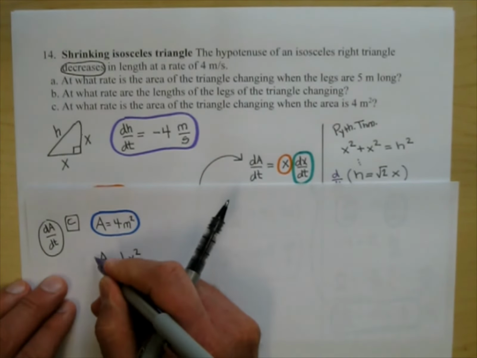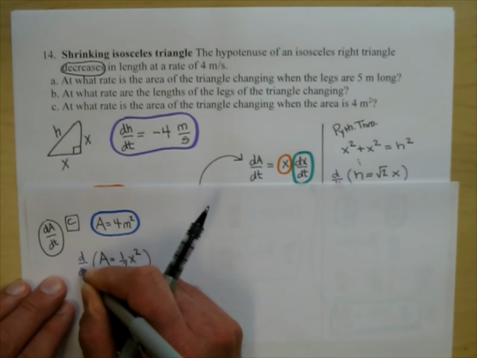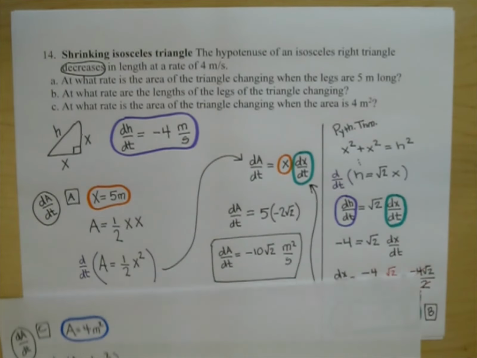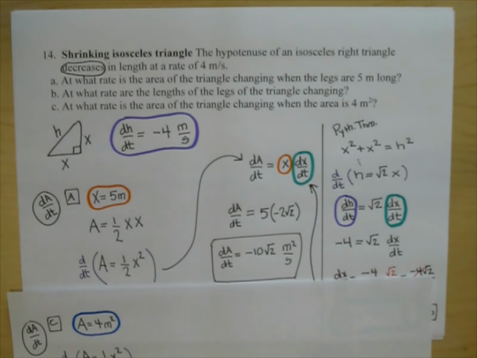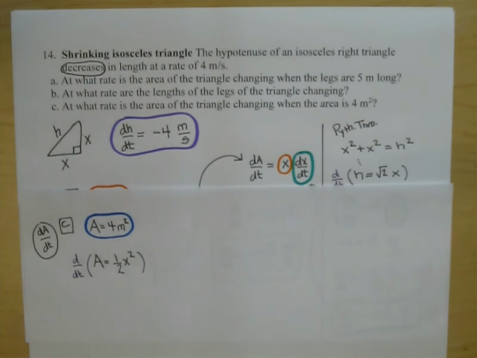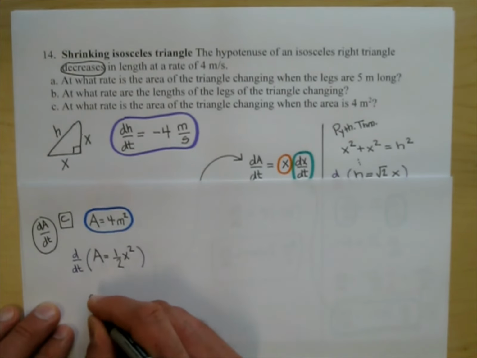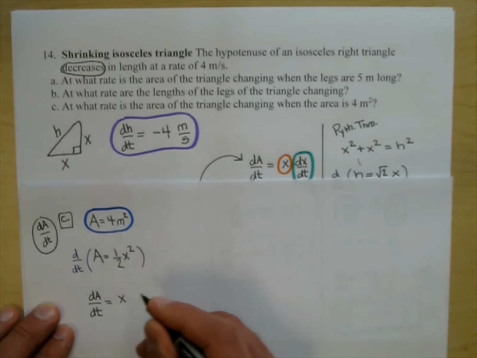I hit both sides with the derivative gun. And you know what? This is exactly what I did right here. Okay, so I can actually just look at my answer here. I have dA dt equals x. I'm looking at this right here. dx dt.